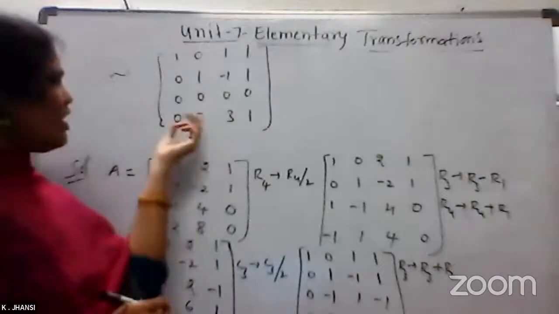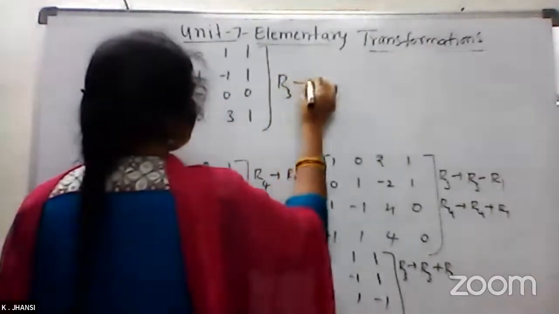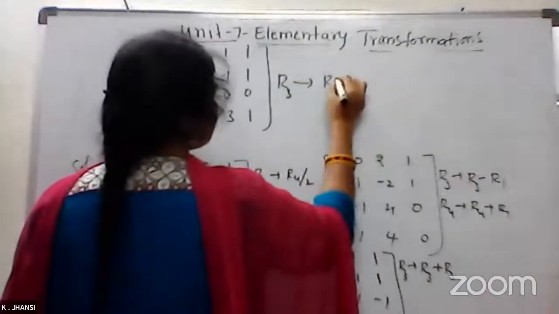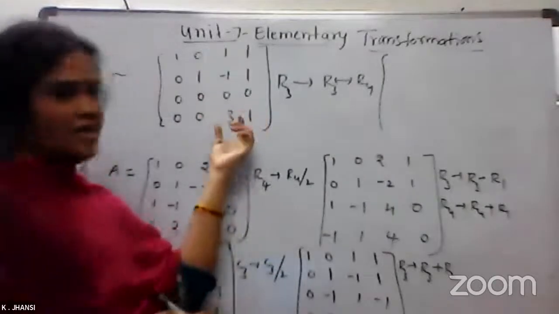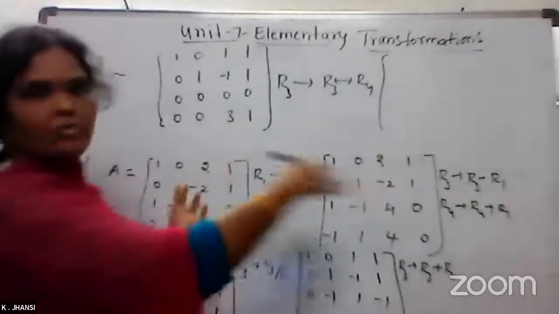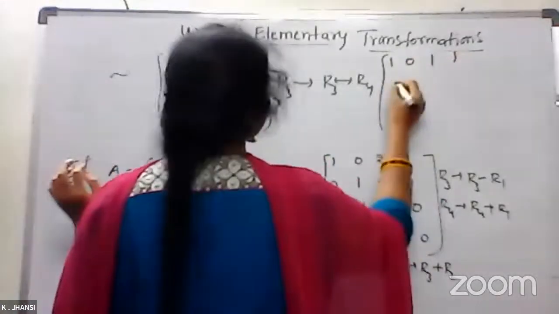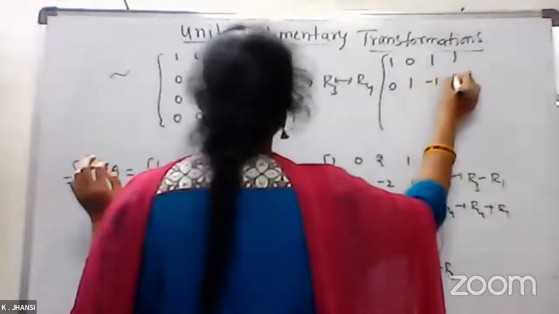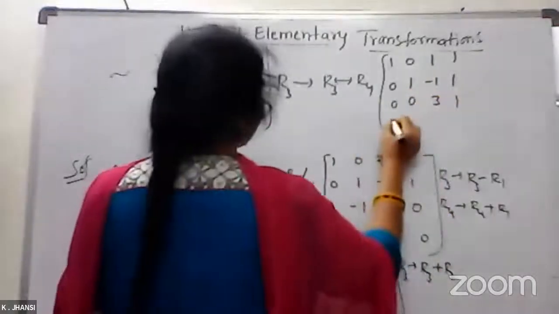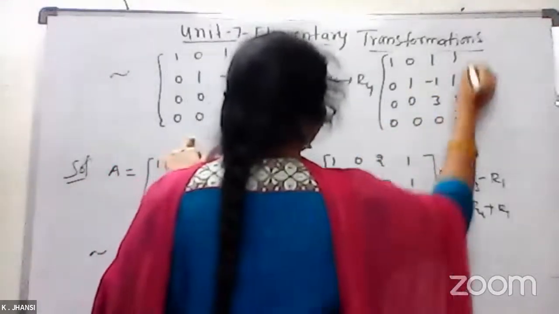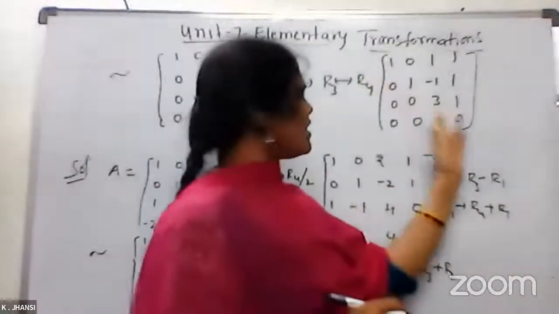Now you can interchange here, R3 you are converting as R4, just to make it easy, so the last row becomes all 0. So 1 0 1, 1 0 1, minus 1 1 0, 0 3 1. The last row has become all zeros.